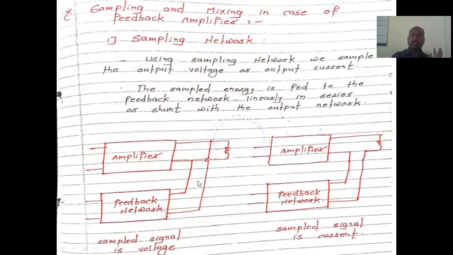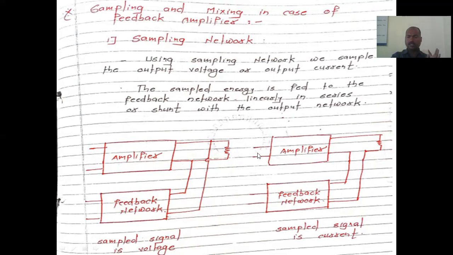This voltage is called the sampled voltage. When we sample the voltage from the output, that network is called a sampler. That signal is called the sampling of the voltage signal.